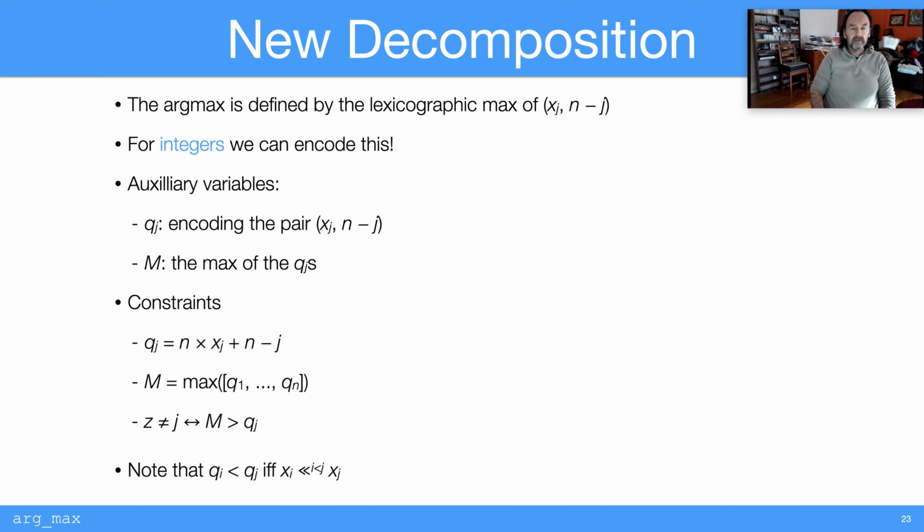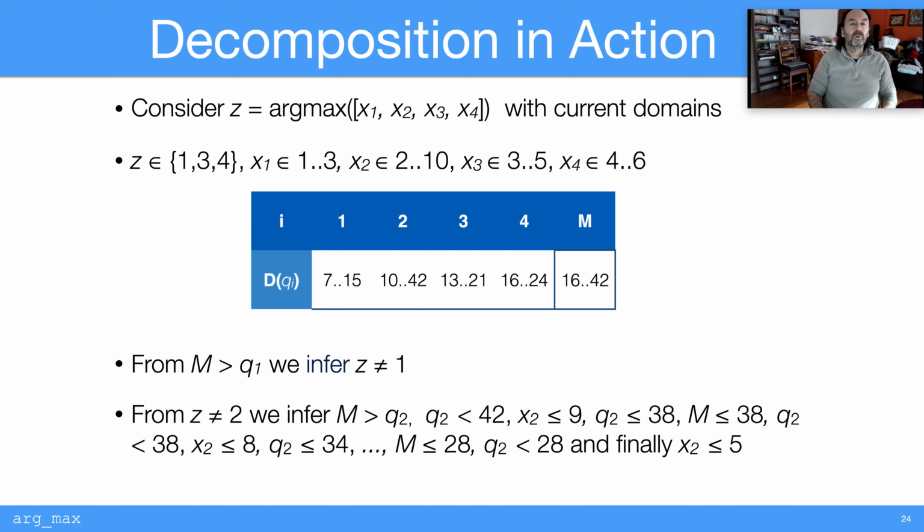So let's have a look at what happens on our example when we use this decomposition. We work out the domains of the qi's. Actually, they'd be individual elements. Here I'm only going to look at the upper bounds and lower bounds. We can see immediately that m's lower bound is 16, which comes from position 4, and since m is bigger than q1, because its upper bound is 15, we can immediately infer z is not equal to 1.